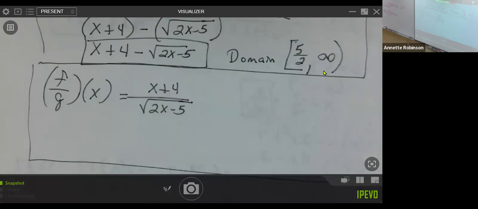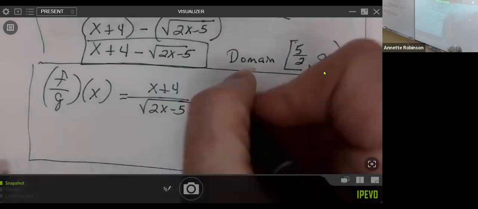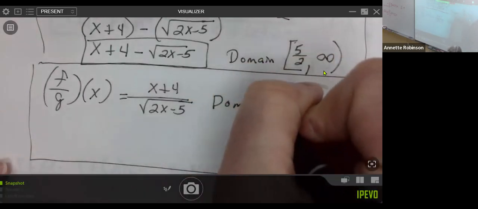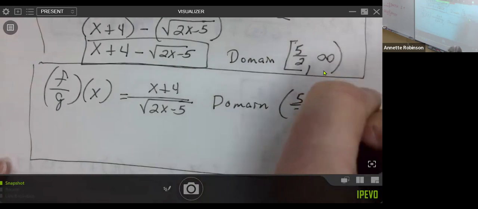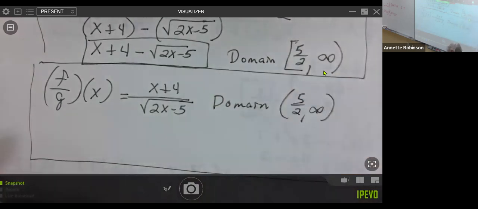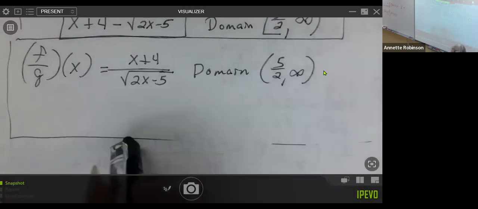Take the bracket and make it a parenthesis, because you can't use the 5 halves. The 5 halves is what makes the square root 0, and that 0 is underneath. So the answer in the top part is fine. It's just that we cannot now include the 5 halves because that makes that denominator 0.